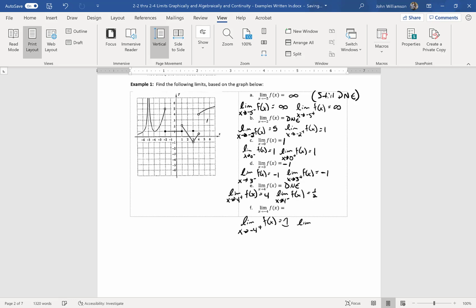And then the limit as x is approaching -4 from the left. Looking at that side, we're coming in, it's going to 1. So because 1 equals 1, these two one-sided limits do agree. So the limit as x is approaching -4 of f of x is 1.